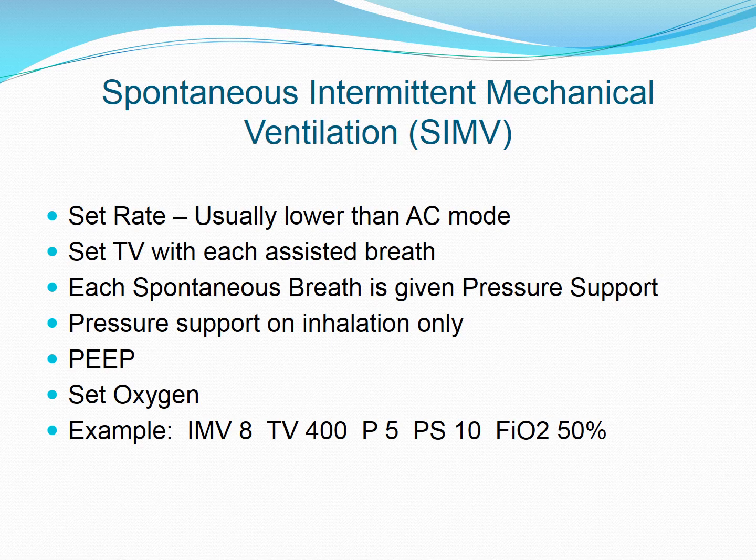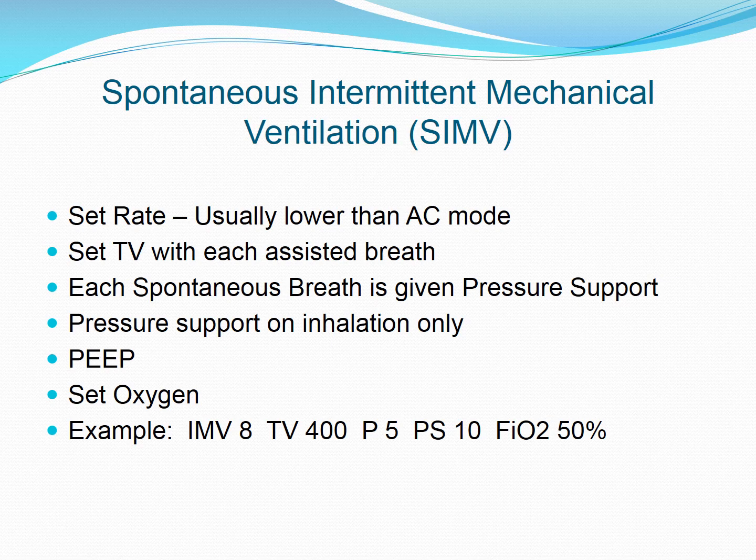When the patient takes a spontaneous breath, this is where they'll get that pressure support on inhalation to try to increase that tidal volume. So the tidal volume in a patient breath may only be, say, 300 or 350. But as the patient's respiratory muscles get stronger, then they're able to get a higher tidal volume.